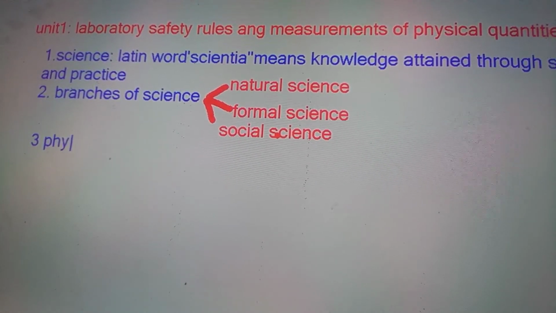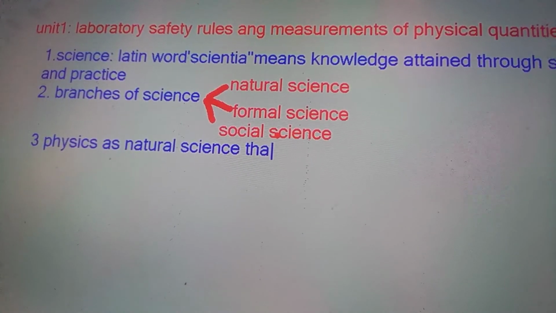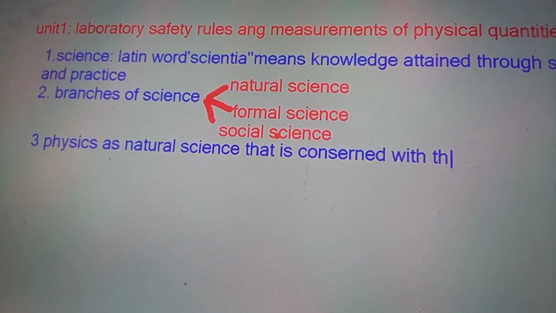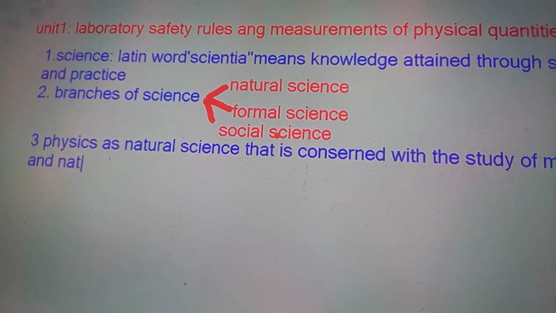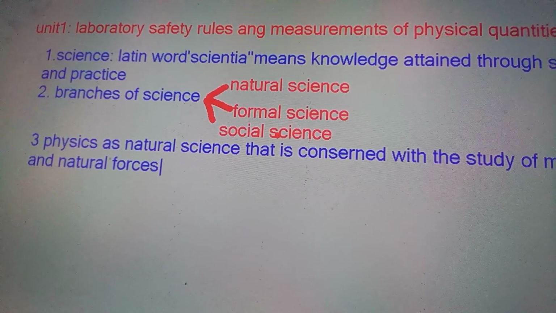Physics is defined as the natural science that is concerned with the study of matter and the natural forces. So this is the definition of physics.